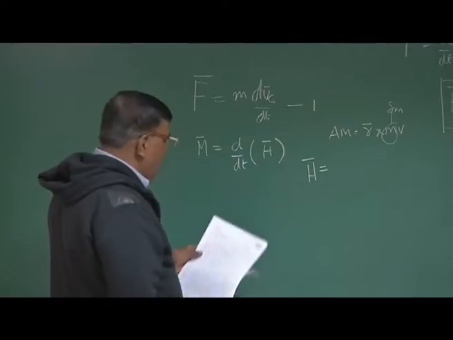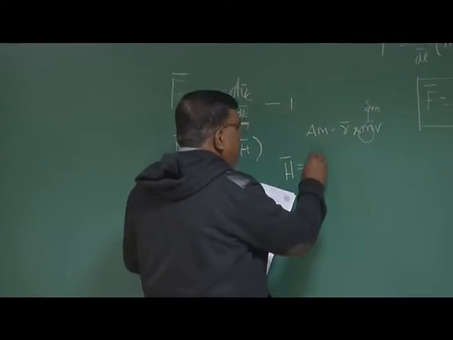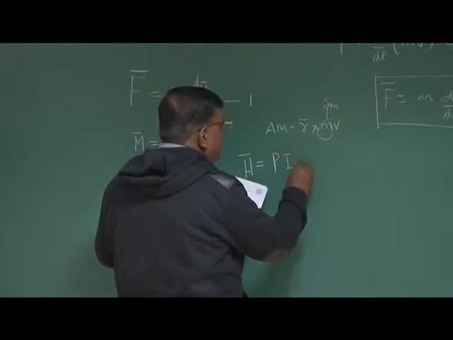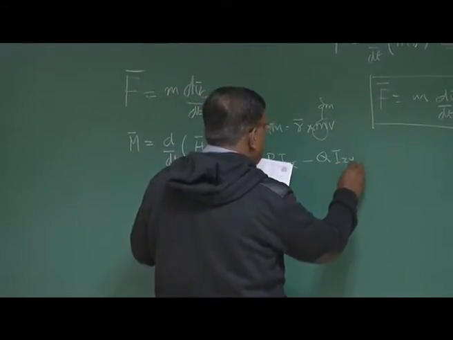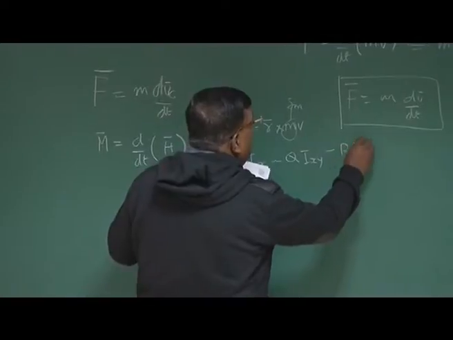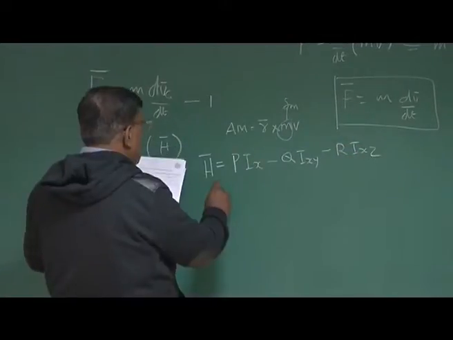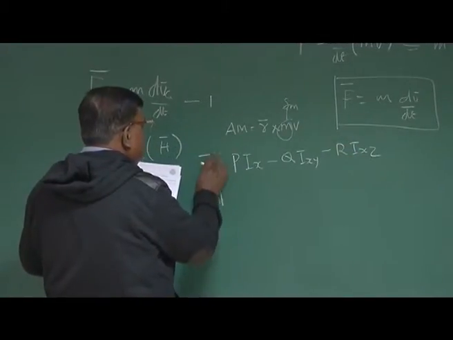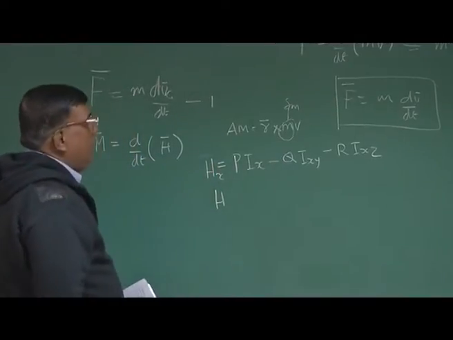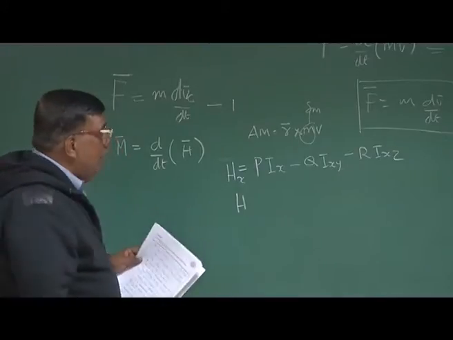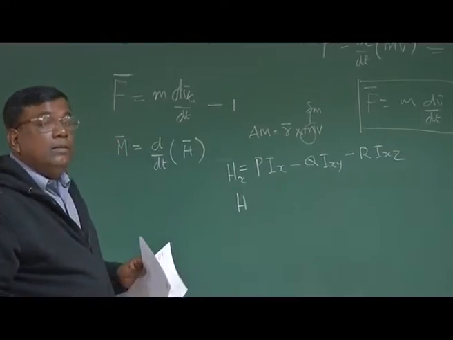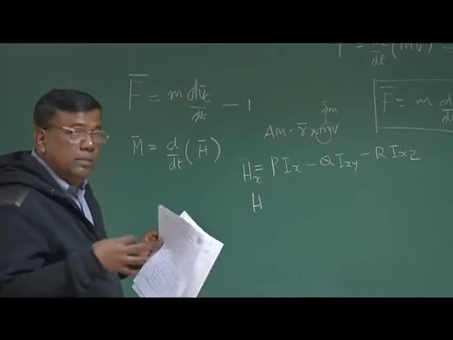So, after doing that, we got the expression Hx equal to p Ix minus q Ixy minus r Ixz, where Hx is the component of H along the x-axis. I will explain what this x-axis is. I will try to recall so that it goes deep into your mind.